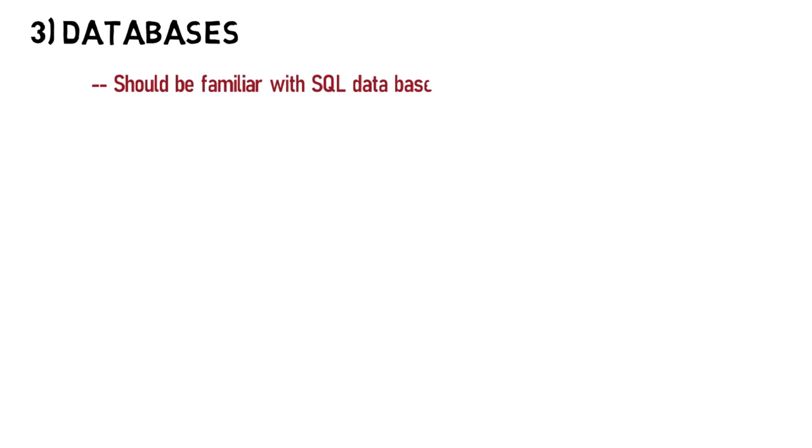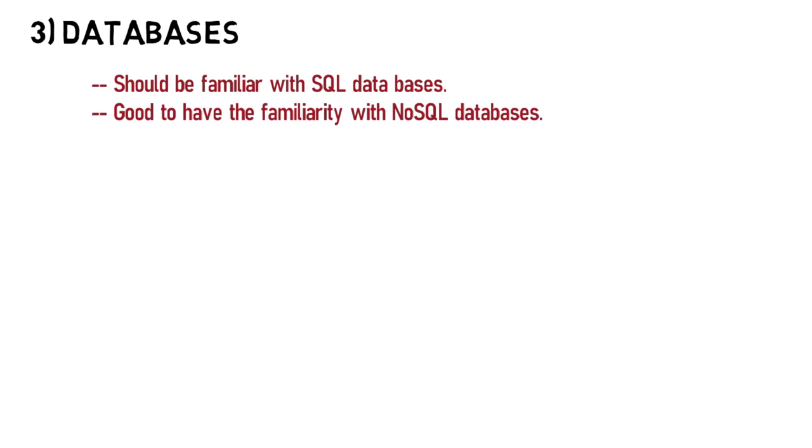As part of the next skill, you need to be good at working with databases. Databases are the actual place where all the relevant details required by our applications, such as user details, application data, and other details will be stored. You should be familiar with SQL databases, and it is good to have familiarity with NoSQL databases as well.